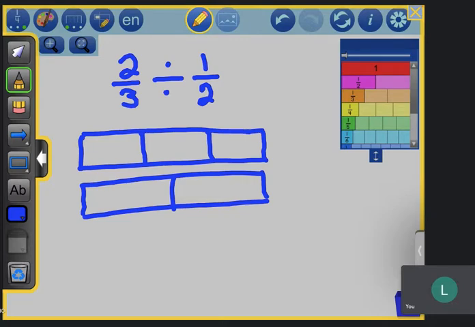Now I'm going to color in to match my fractions. So I'm coloring in 2/3, right? And I'm coloring in 1/2.